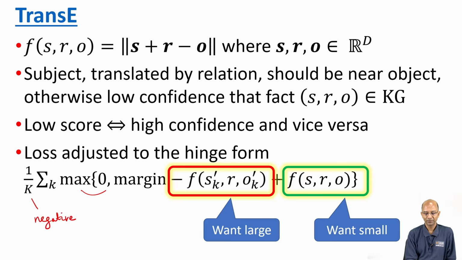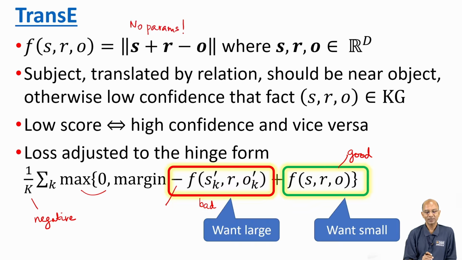We want the bad scores to be now large, so we have to subtract it. And we want the good scores to be small, the good distances to be small. So this would be the form of the hinge loss. Now observe that the function f itself has no parameters of its own.